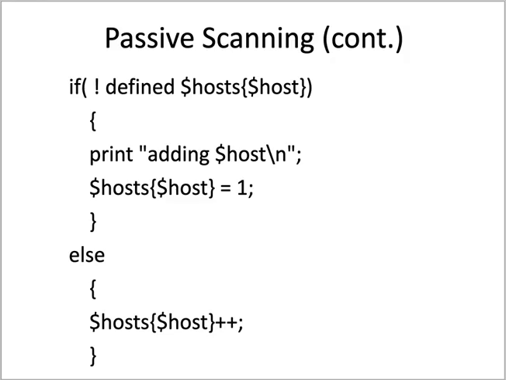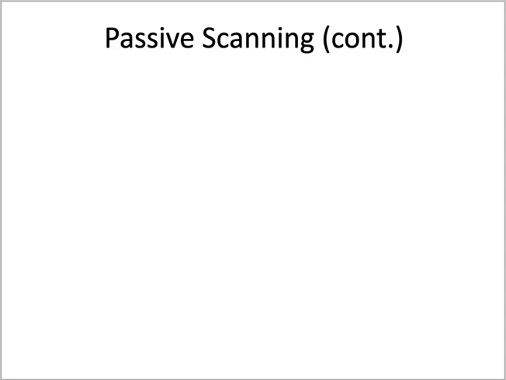Otherwise, that is already in my table. I have seen that host before, so I'm just going to increment the host count for that particular host. So that was an example of something I did. I don't remember exactly why I did it, but it allowed me to give you a real world example of passive scanning.